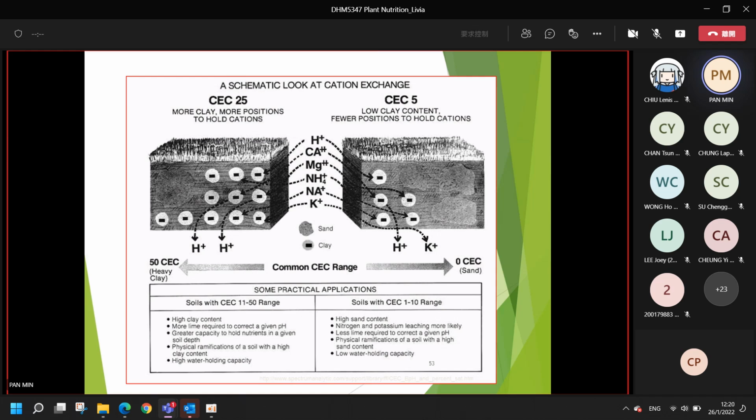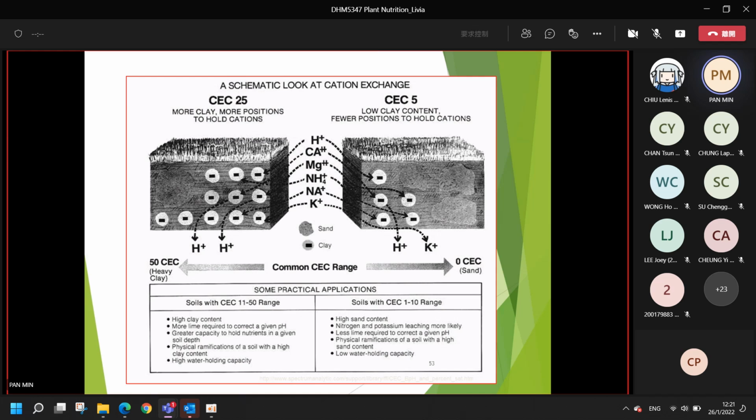So if you want to change the pH, more lime or acid should be added to correct it, and there is a greater capacity to hold nutrients in a given soil depth, because the nutrients mainly focus on the top 15 cm to ensure plant growth, because most plants can only reach the top 15 cm.